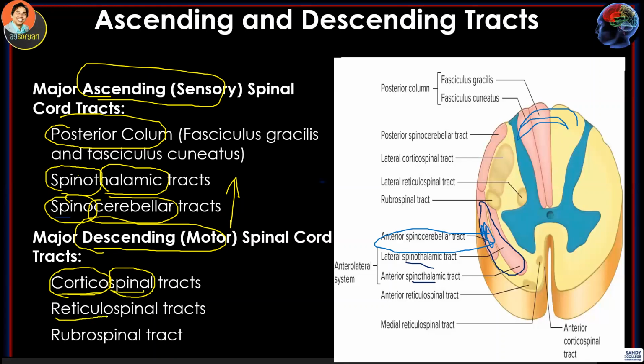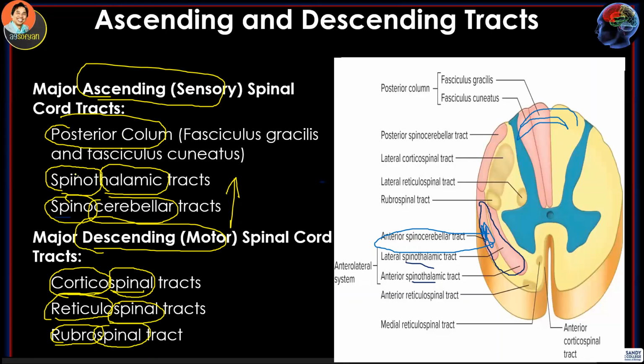Reticulo, this is part of the brain going down to the spinal cord. So this is a down tract, okay, descending. Rubro to the spinal cord. So the name is giving you the idea about the type of the tracts.